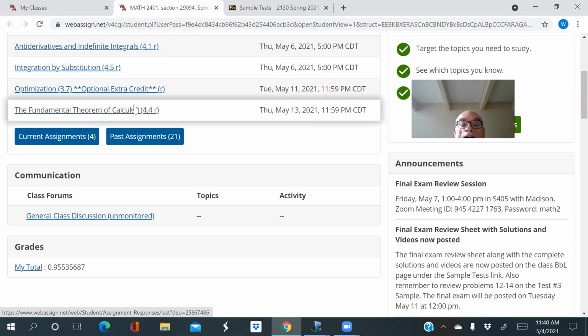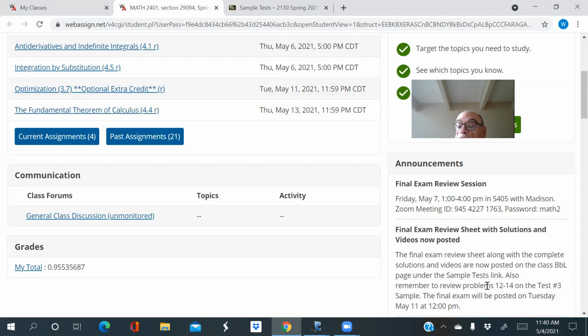And then you have this one last homework, which is what we're going to talk about today, but it's not due until the time of the final. These are problems like the problems we're going to talk about today. There's a couple of those on the final. These are problems 12 to 14 that I mentioned before. These are problems in this homework like those problems.